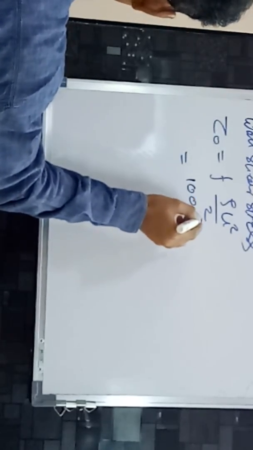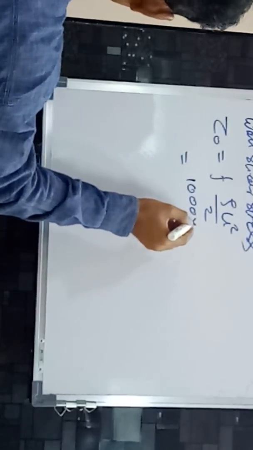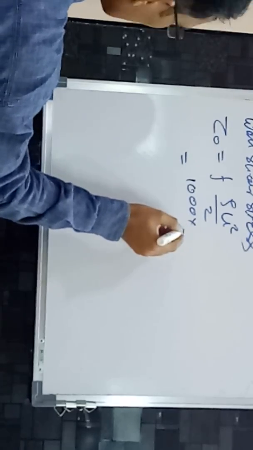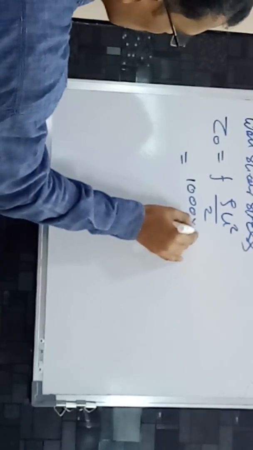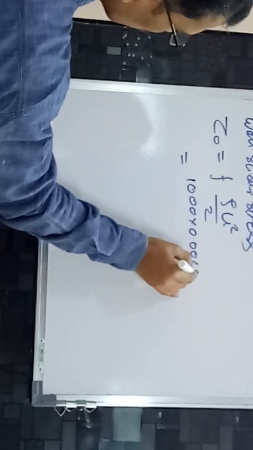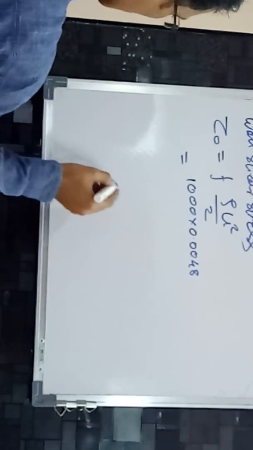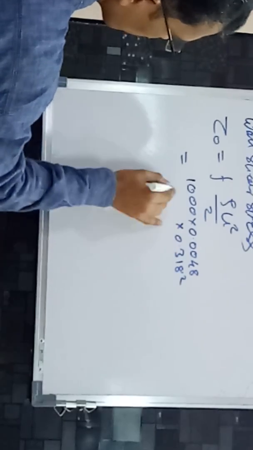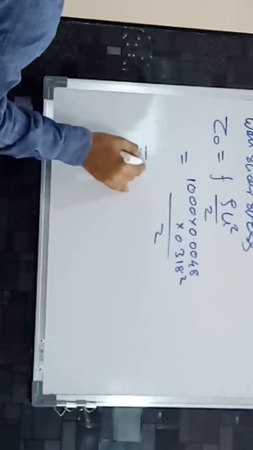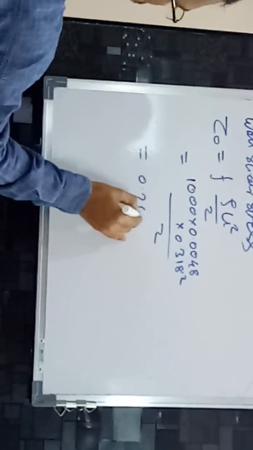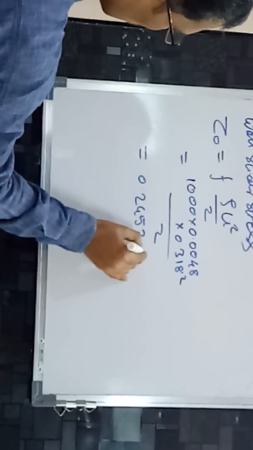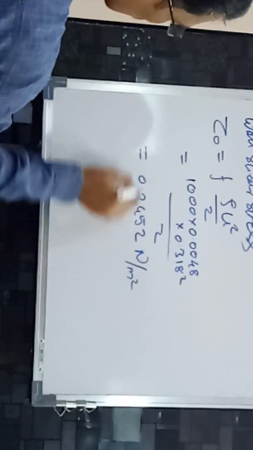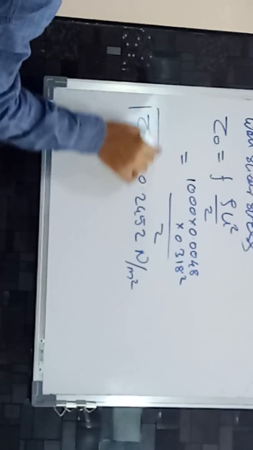Density, then coefficient of friction 0.0048. Newton per meter square.